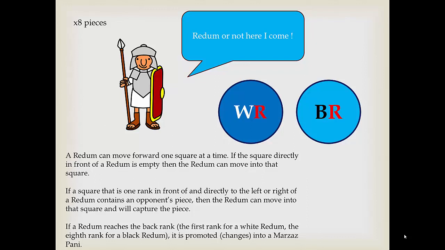Also, when the Redum moves to the back, for example, if the white Redum moved all the way to the first rank, which is all the way at the back where initially the black Redum would be, then it will be promoted into a Marder Panty, and a Marder Panty can move forward, back, left, right, so basically horizontally and vertically by 1 square.